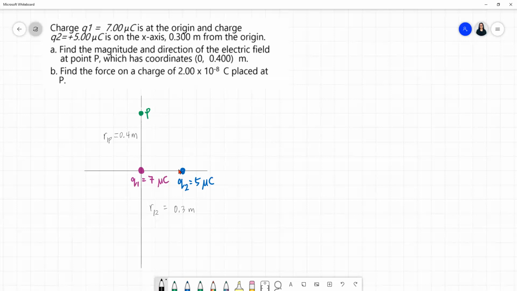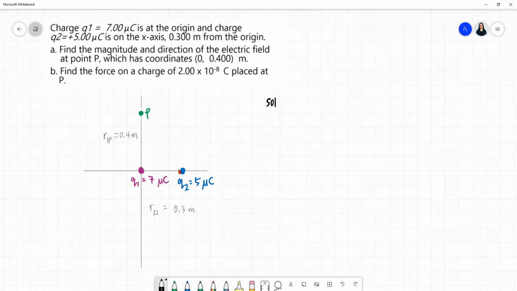Okay, I'm saying that electric field at point P. First, we need to find the distance between the charge 2 and point P, because we're going to need that for the electric field later.